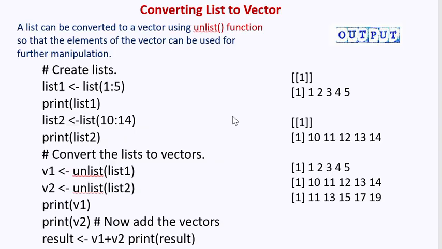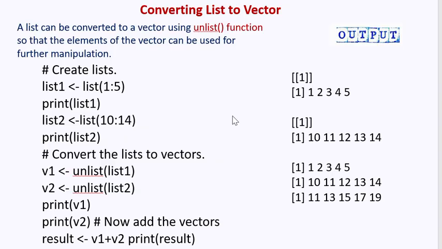So list 1 has a sequence of data which is 1, 2, 3, 4 and 5. Similarly, we created one more list named list 2, and it starts from the value 10 till 14. So it forms a sequence with the starting value of 10 and ending value of 14. The sequence will become 10, 11, 12, 13, 14.